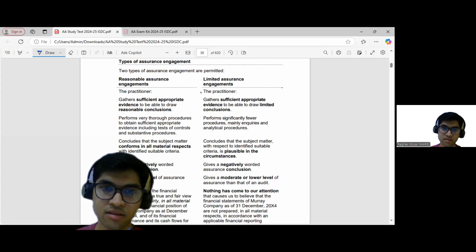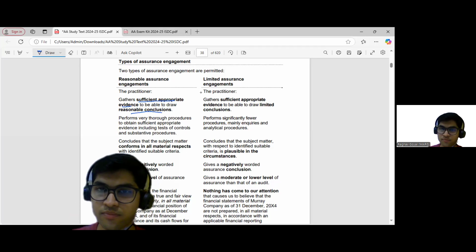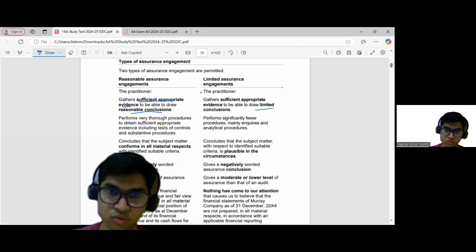So looking at the few things, we can say the practitioner gathers sufficient appropriate evidence to be able to draw reasonable conclusions. But the practitioner for limited assurance will gather sufficient appropriate evidence to be able to draw limited conclusions.